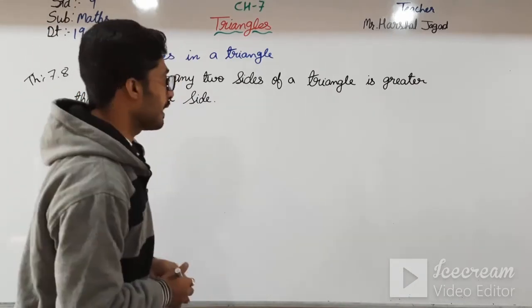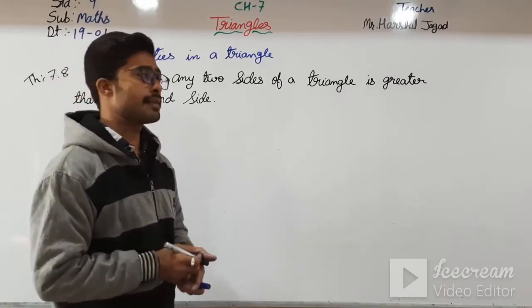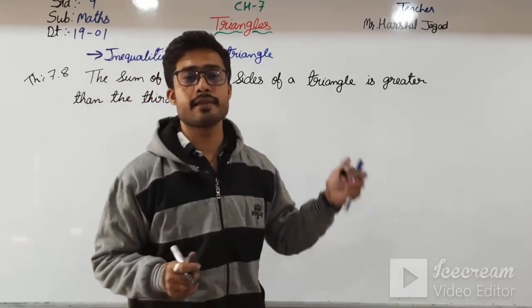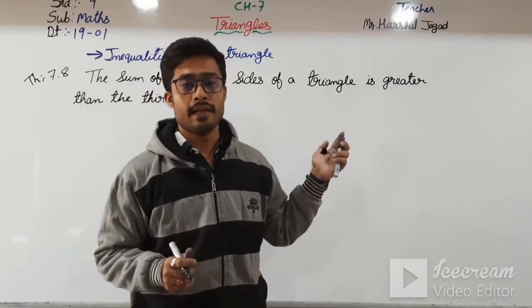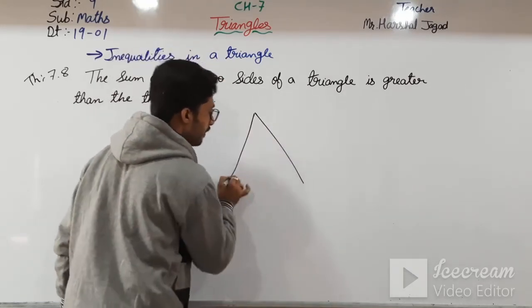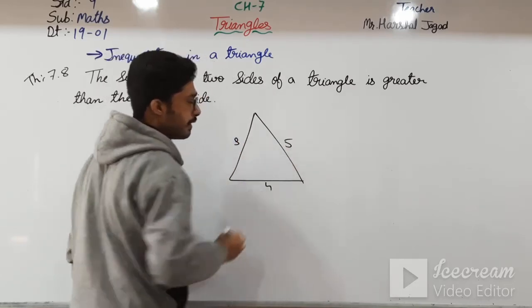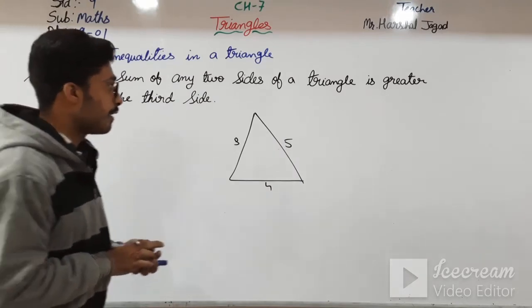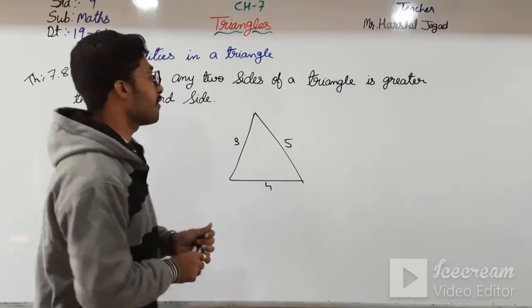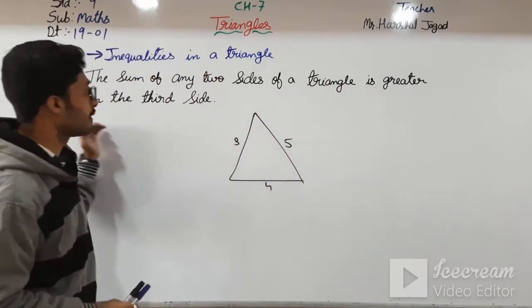Here, I will say that in the next classes you will know that it will ask whether this is a triangle or not. In some triangles, the lengths will be given. If I draw a triangle with sides 3, 4 and 5, then if this is a triangle, the sum of any two sides of a triangle is greater than the third side.